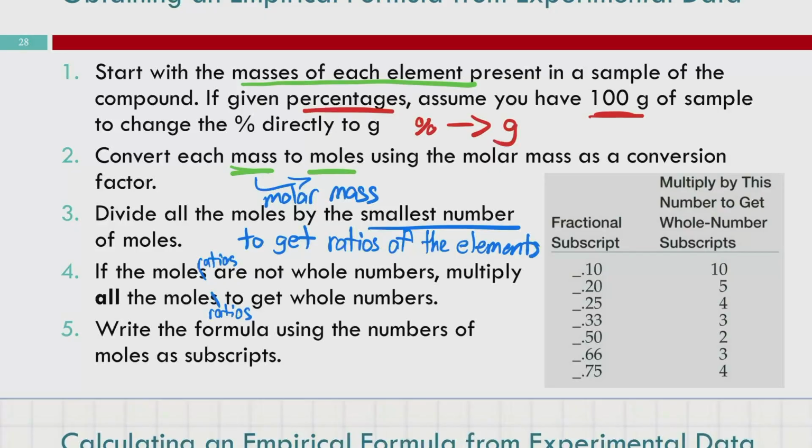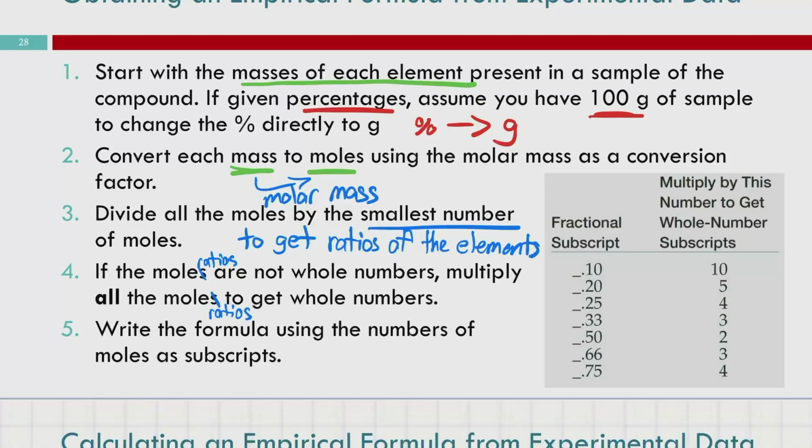And then we're going to write out the formula using those numbers of moles as subscripts. Sometimes, especially if we're working with experimental data, we'll give ourselves a little bit more leeway to just round up or round down to the nearest whole number. A lot of us ended up with our ratio for oxygen yesterday of like 1.07, 1.08.